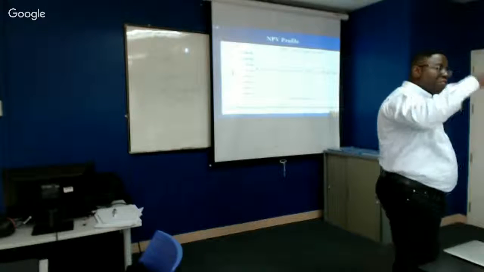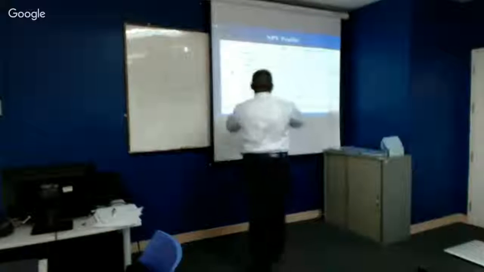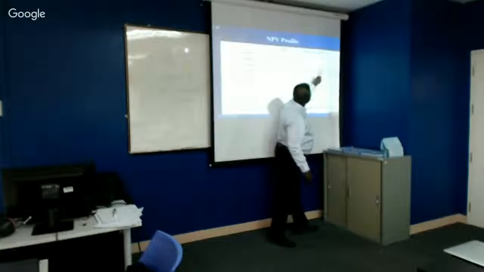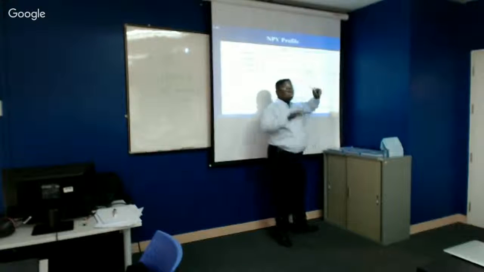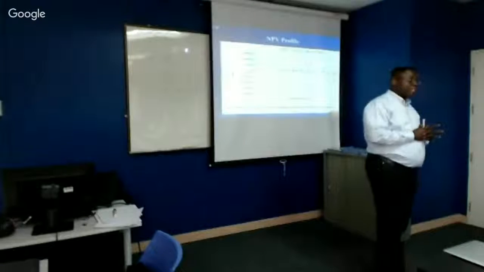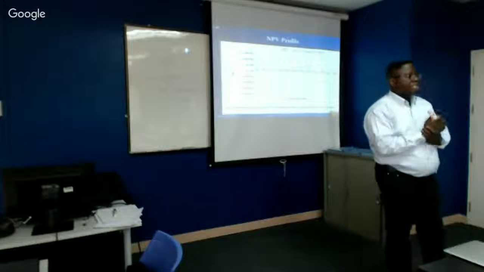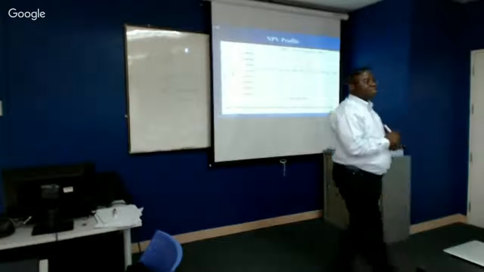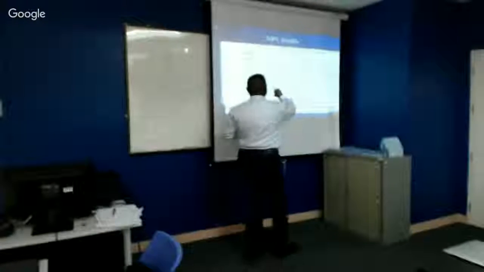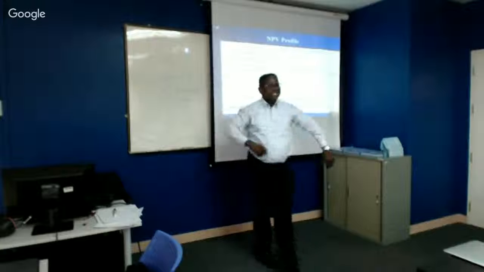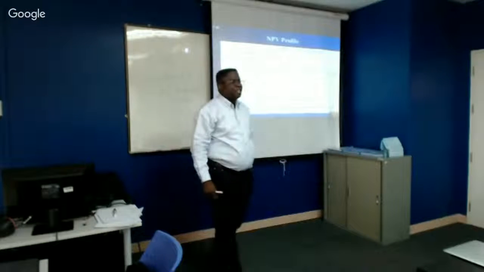So the internal rate of return will give you more than one rate, this one and this one. You get confused as to which one to base your decision on. That is not good enough if you depend on the internal rate of return. So you go with the NPV. Any rate here should be okay.